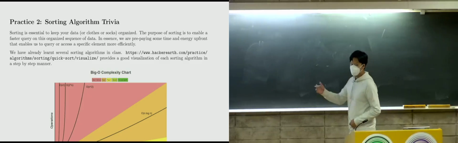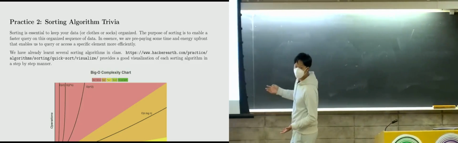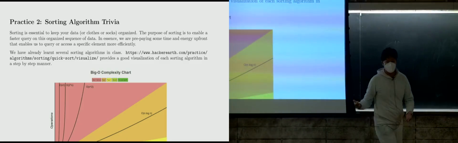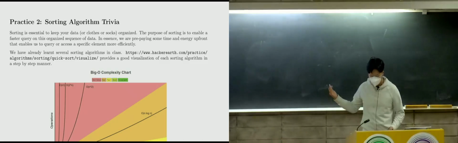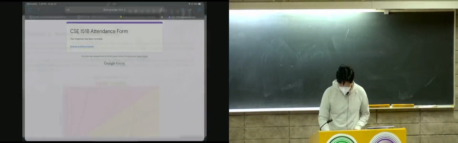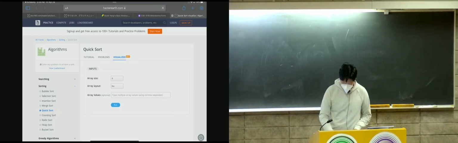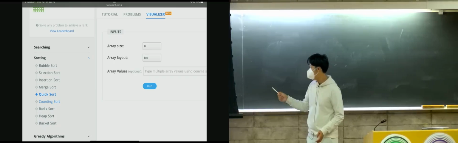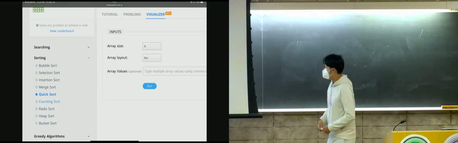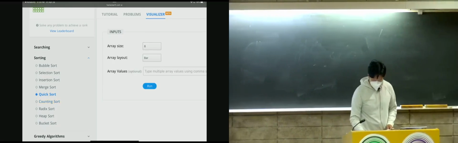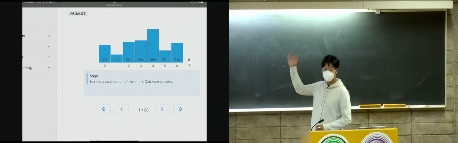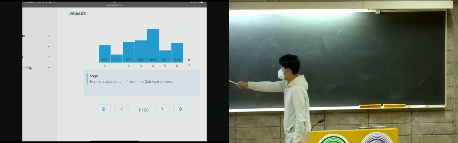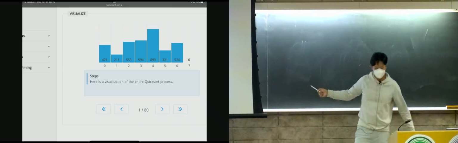For the implementation details of sorting, I have a link here that visualizes step by step, like Zybook, but I think this one is better. Here they have a lot of sorting algorithms to choose from. Let's start with quicksort, and if you click run, it generates a sequence of data in a bar chart or histogram. There's a number of steps, like 80 steps in total.